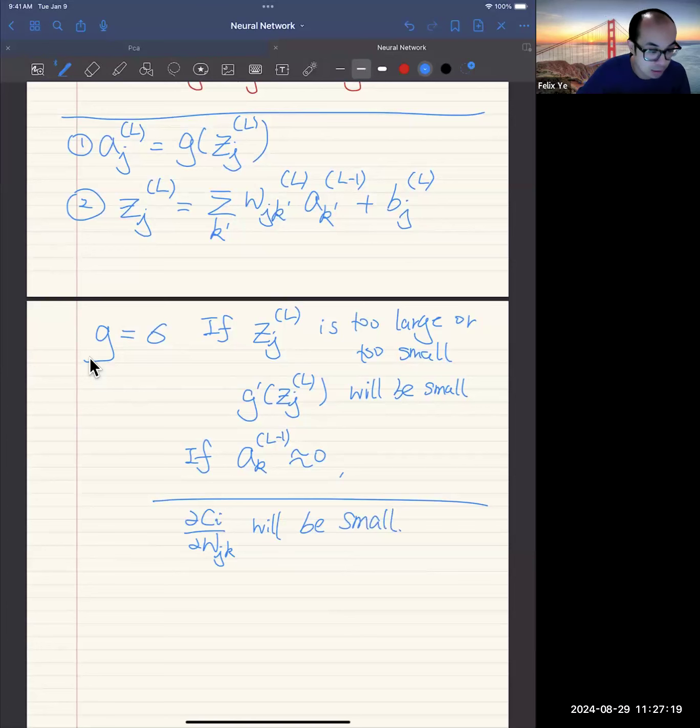So you have a problem called gradient vanishing. These two situations have two names. For the first one, it's called the neuron is saturated.